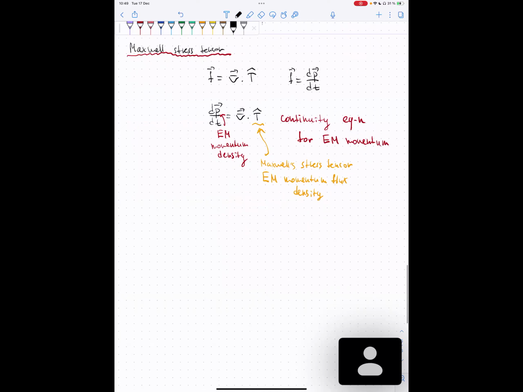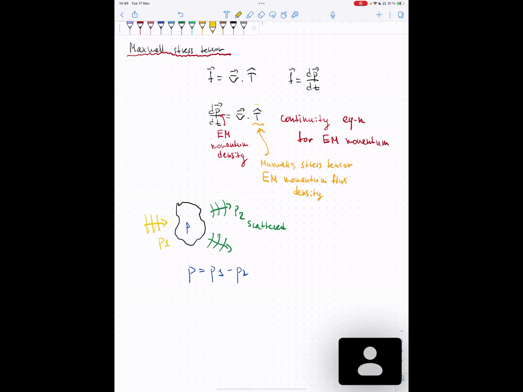So, for example, if we have some structure and we have P1 incident and some P2 scattered, from the conservation of momentum, the momentum of this object is basically P1 minus P2.